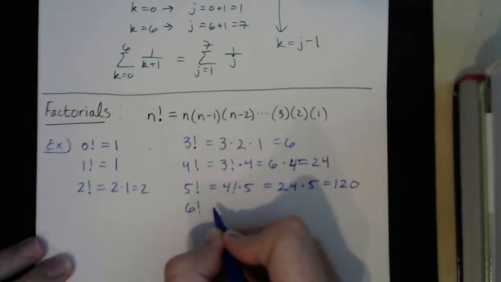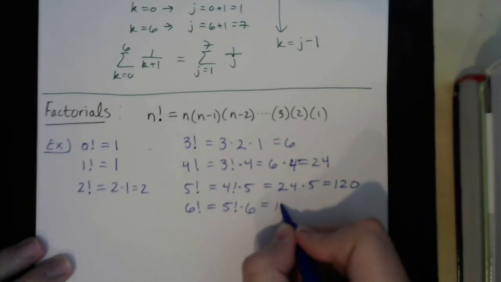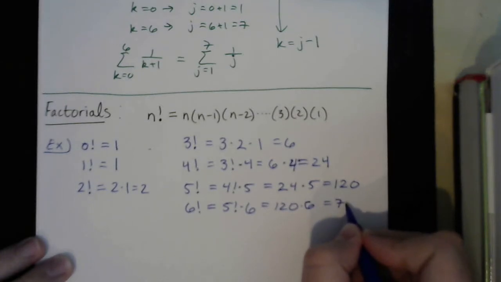And 6 factorial is 5 factorial times 6, which is 120 times 6, which is 720.